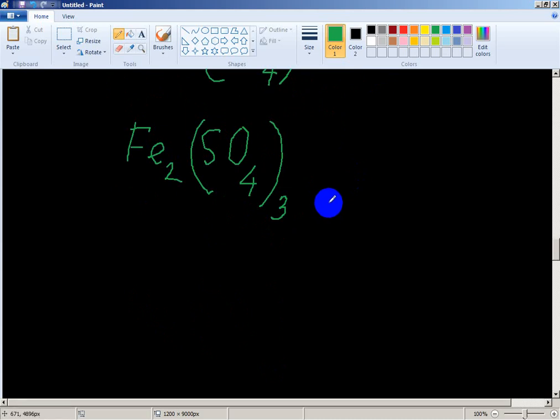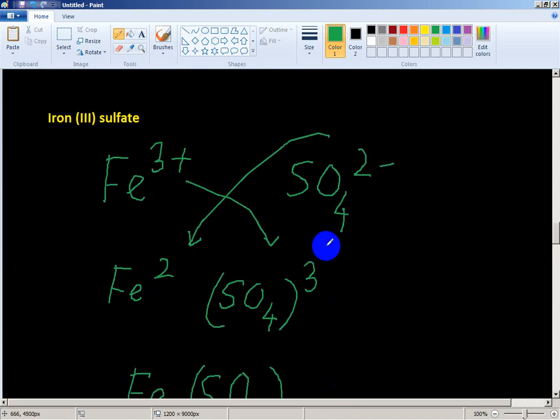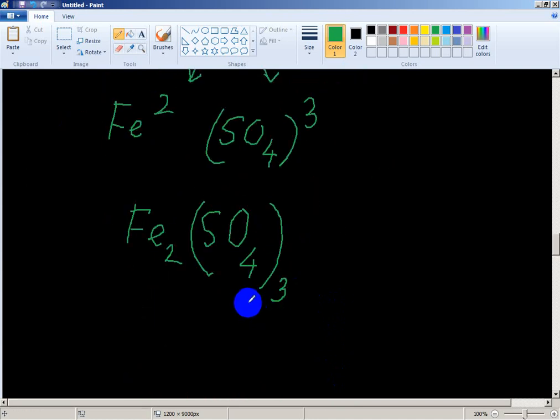So have you understood how to write formulas of compounds, molecules using the swap drop method? You must know these things, the charges. Group 1 elements have 1 positive charge.